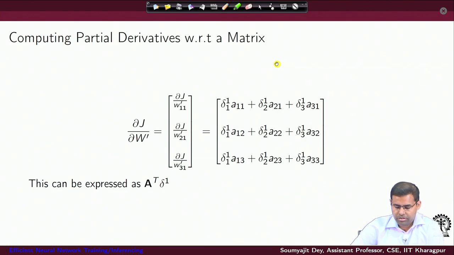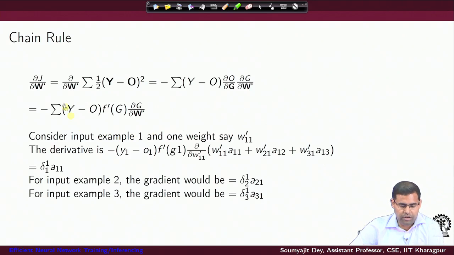And if we consider like this, then the overall representation that we will get will be something like this, right. Just like we have the delta j, delta w prime, from that we have figured out the functional form considering only the weight W11 prime and example 1.